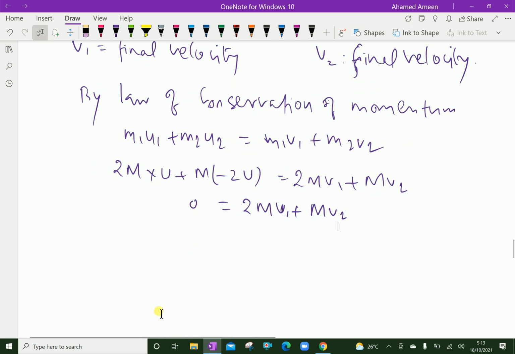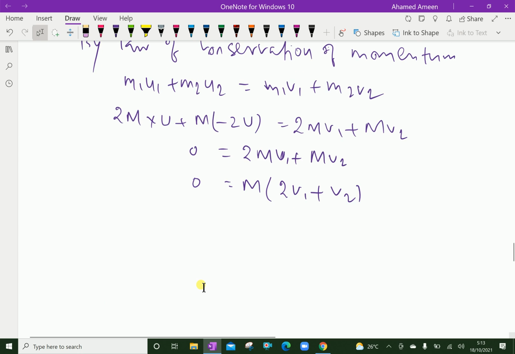Here 2mu and minus 2mu sum to 0, which equals 2m v1 plus m v2. Since m is constant, 2 v1 plus v2 equals 0. Therefore v2 equals minus 2 v1.